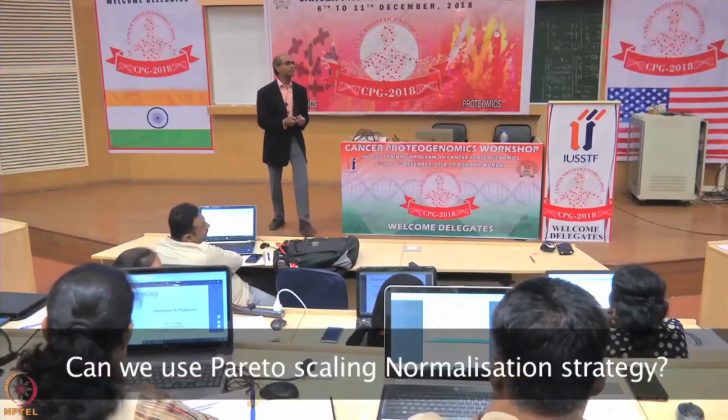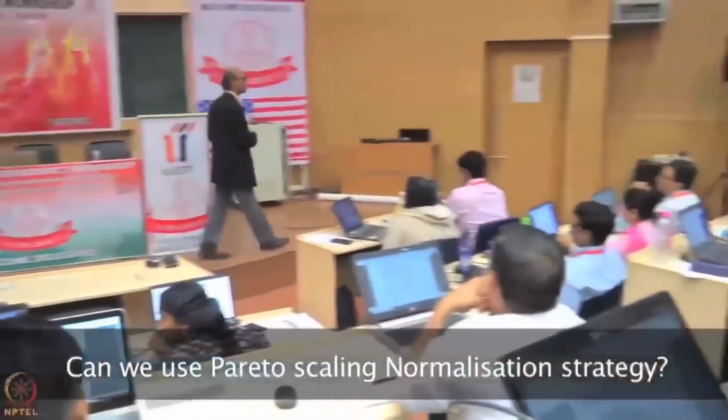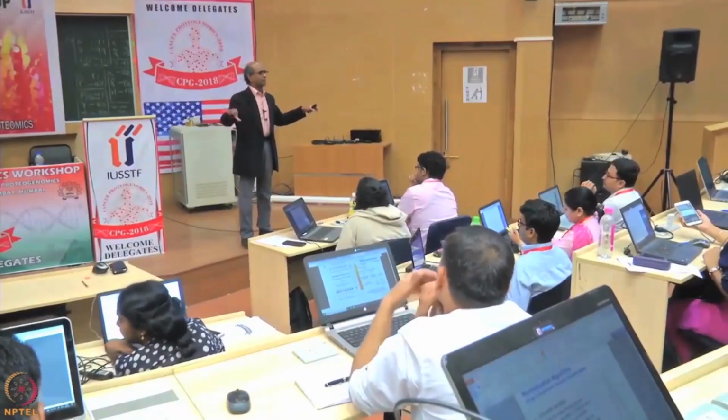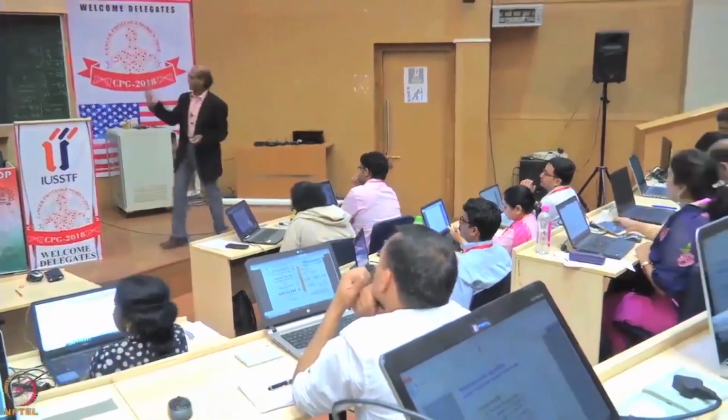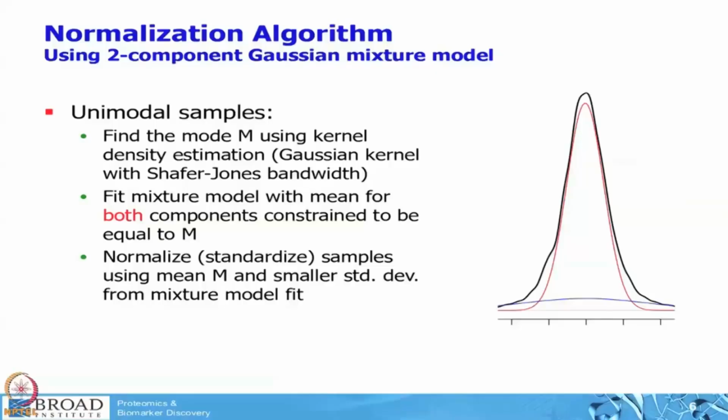Can you use Pareto scaling as well? Pardon? Can we use Pareto scaling as well for proteomics data? Sure. Pareto scaling is if you expect fatter tails. Here the 2-component normalization is kind of similar, so it's trying to accommodate for fat tails, right? Usually you assume a normal distribution.